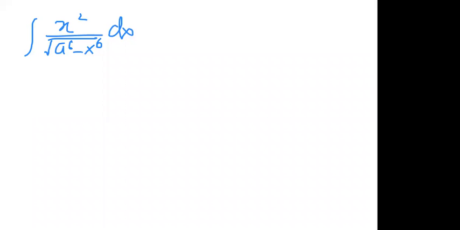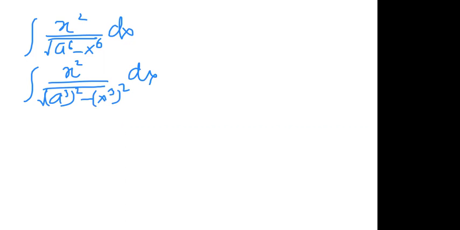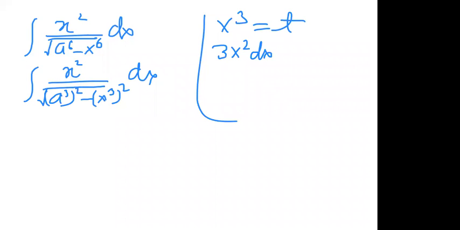So I could write it integral x square upon under root a cube to whole square minus x cube to whole square dx. Now we are supposing x cube equals to t. 3x square dx will be equals to dt. x square dx can be written as dt by 3.